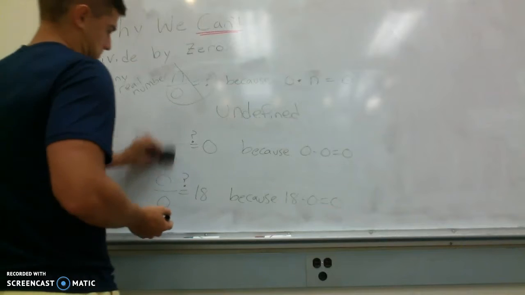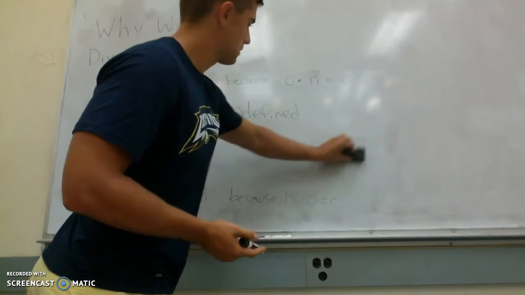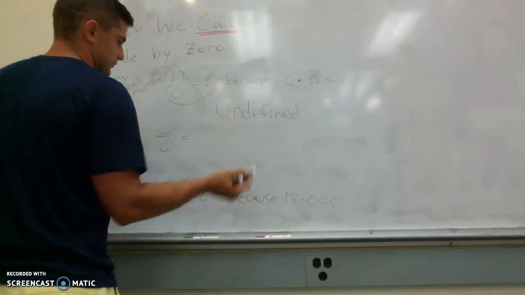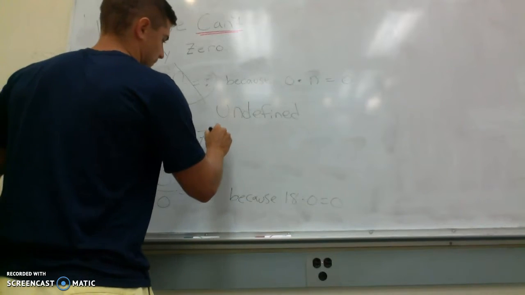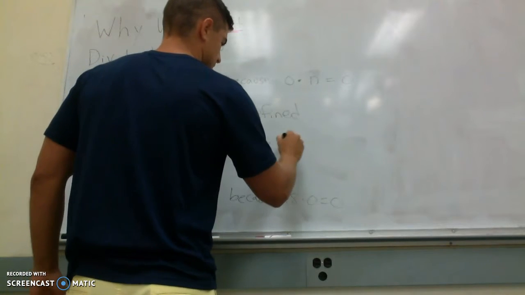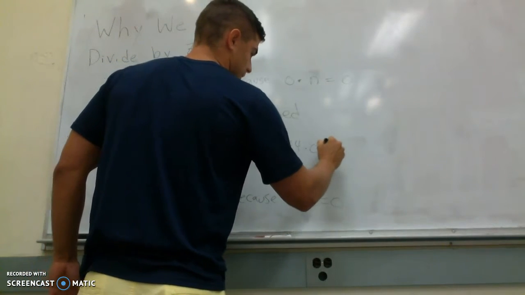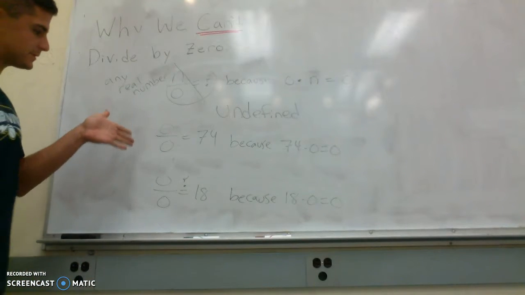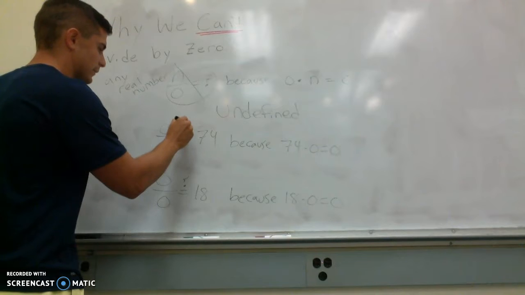And then let's try a different one. Maybe 0 divided by 0 is equal to 74, right? And I'm going to argue again because 74 times 0 equals 0. And I hope by now you maybe see a little bit of a pattern. Again, we question this.